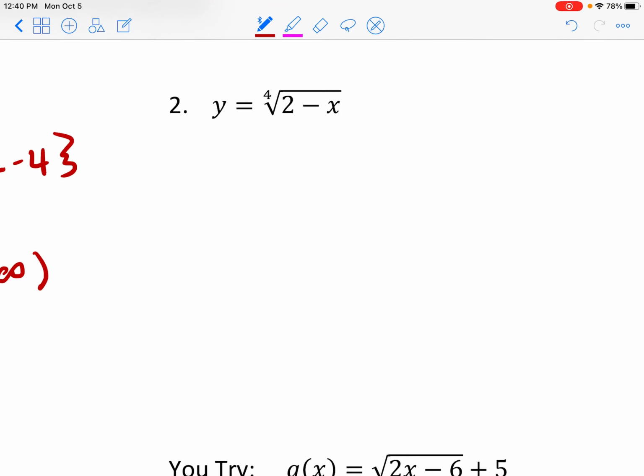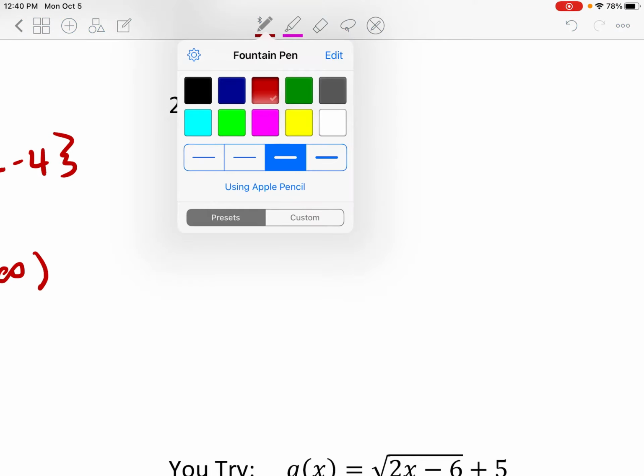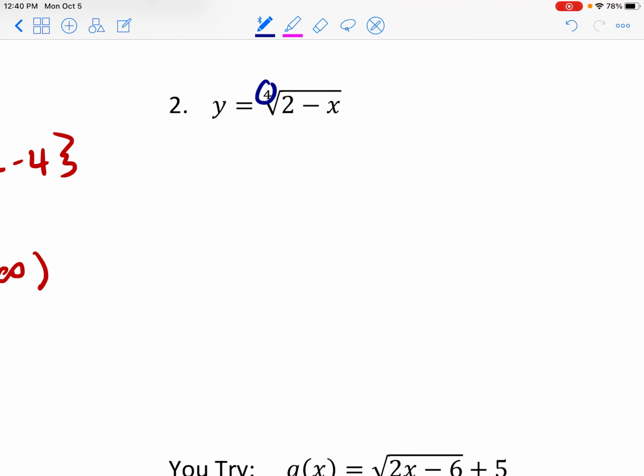So we've got options again, fourth root, and then now we're flipping over the y-axis, and we're going to be shifting. So if you want to look at Desmos or picture that in your head, that'll work. Otherwise, the fourth root is restricted. We want to make sure this radicand 2 minus x is at least 0. So when we solve this, we would subtract 2, and that would mean a negative x is greater than or equal to a -2.